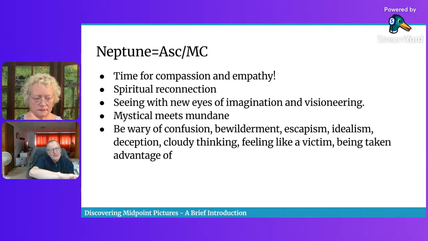The other thing with Neptune, especially with transits, is it often will go back and forth over a sensitive point 2 or 3 years. Okay, and it'll go across direct and it'll come across retrograde and it'll come back over it. And once it gets past it, then whatever that was, it's sort of encapsulated.